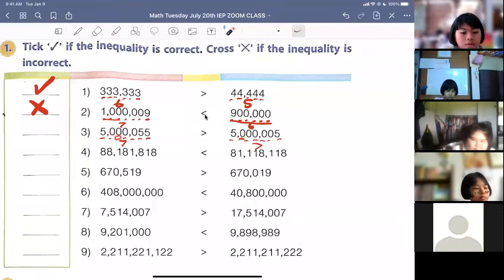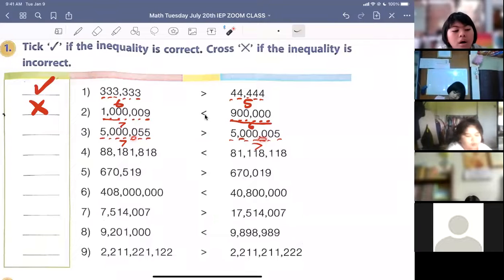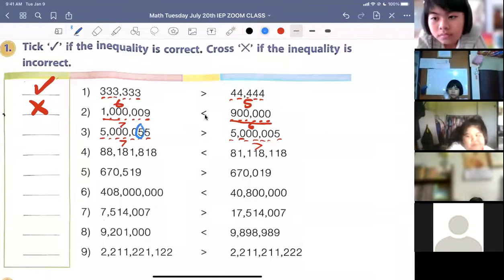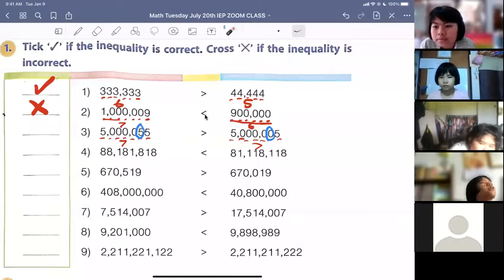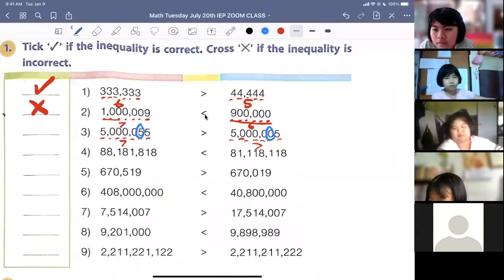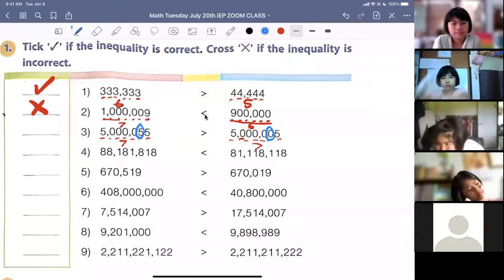Same. 0, 0. Same. 5. Let's take a look. This is 5 and this is 0. Not the same. So this 5 is bigger than the 0. So this is correct. It does want to eat the bigger one.